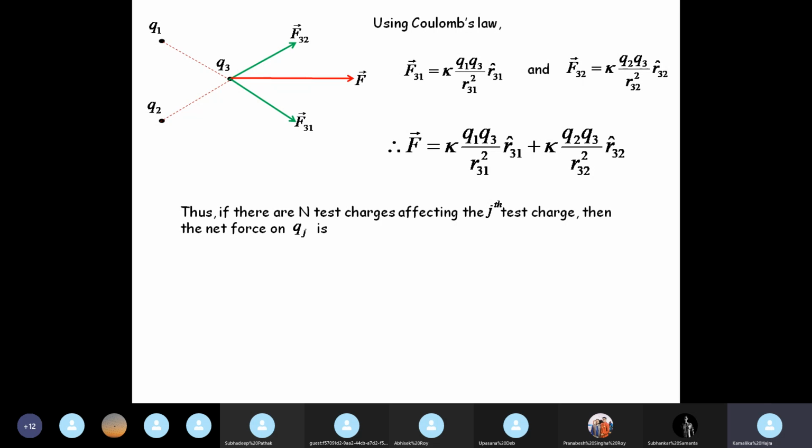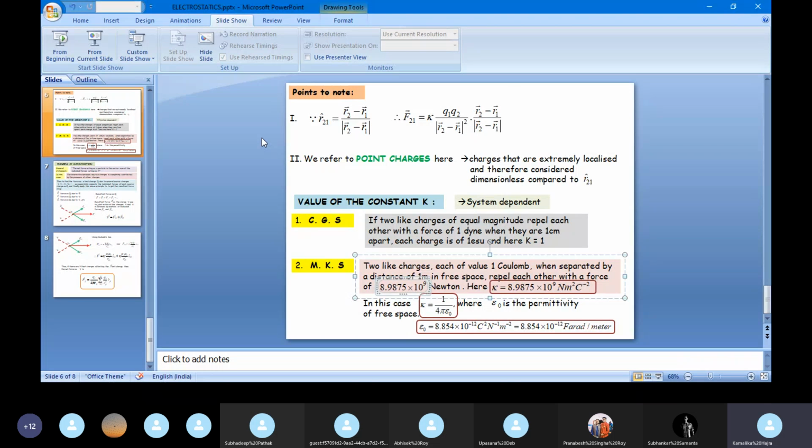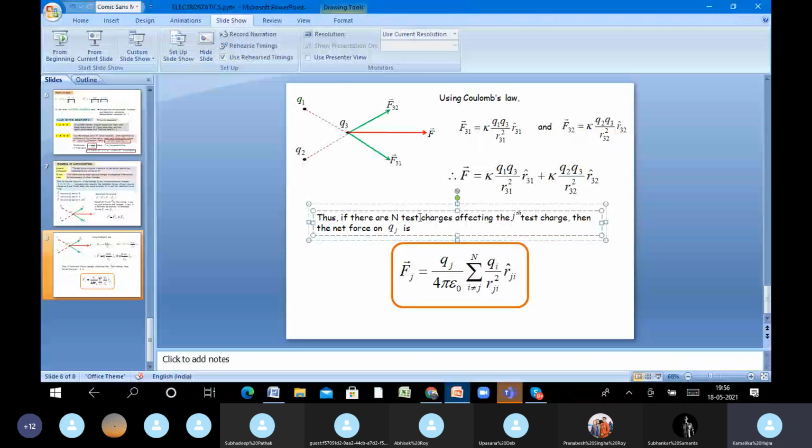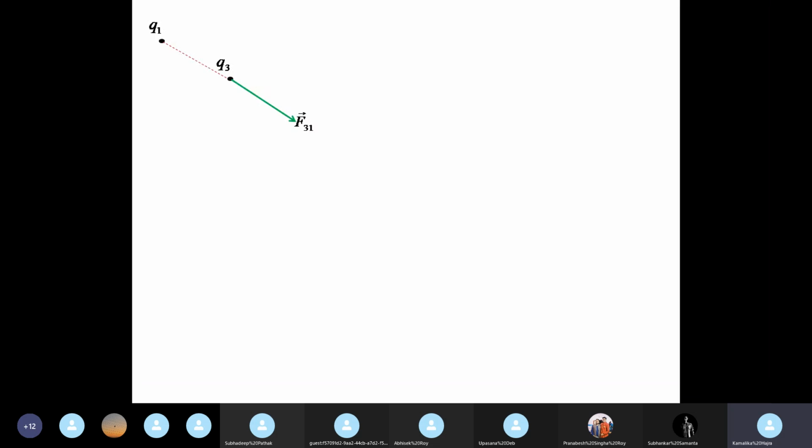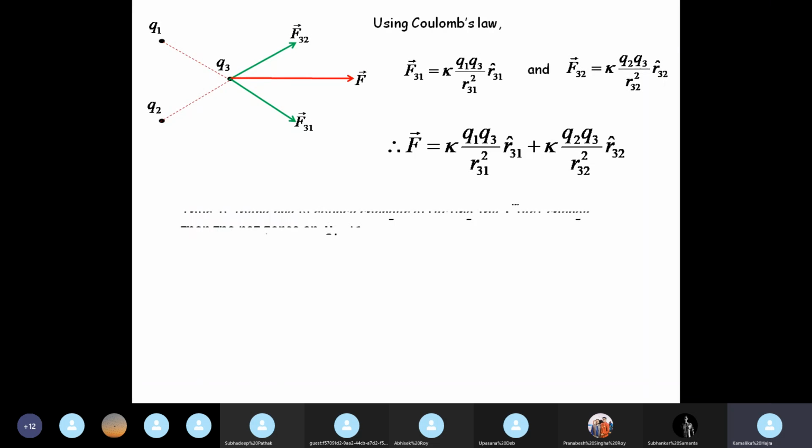So if there are n source charges affecting, say, the jth test charge, sorry, I'll just make that change. So the resultant force is these two.